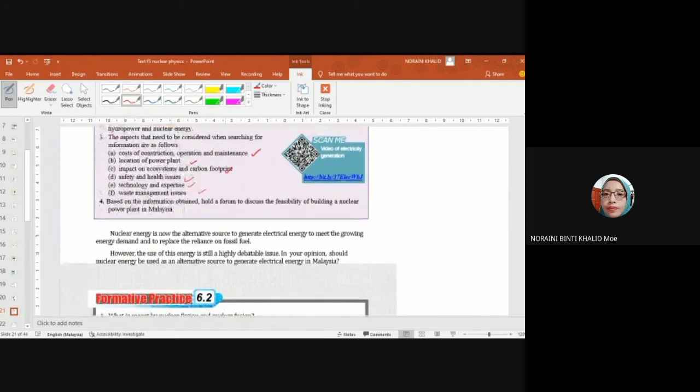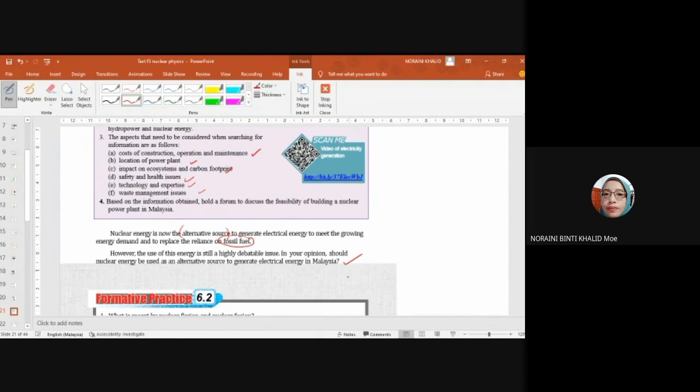Nuclear energy is now the alternative source to generate electrical energy to meet the growing energy demand and to replace reliance on fossil fuel, because this one is non-renewable energy. However, the use of this energy is still a highly debatable issue. So in your opinion, should nuclear energy be used as an alternative source to generate electrical energy in Malaysia or not?